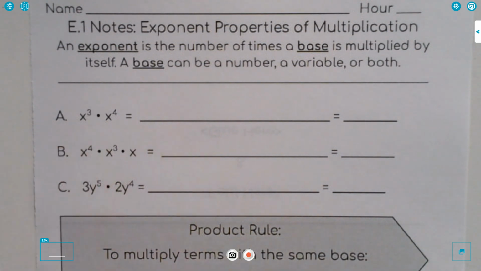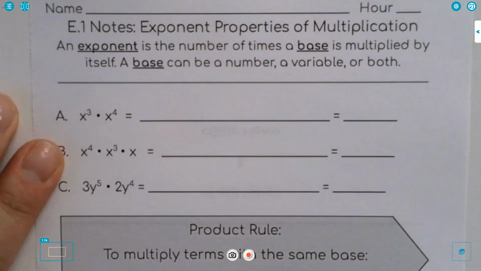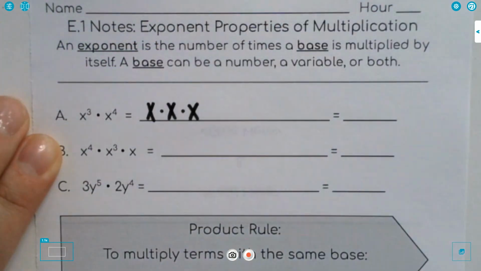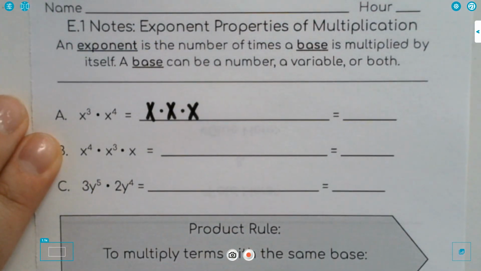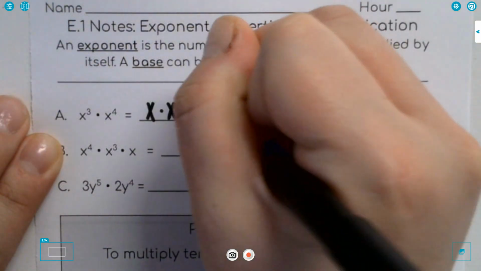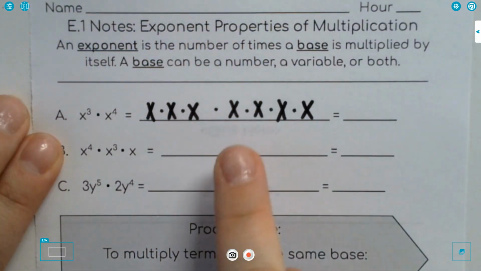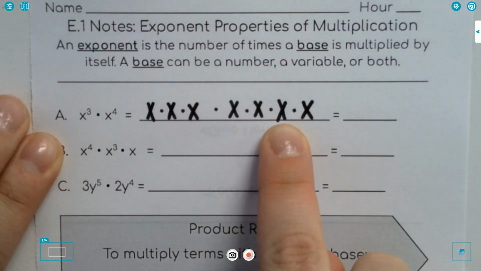So A here, we have x to the third times x to the fourth. You guys just told me that x to the third means x times x times x. You told me that x to the fourth means x times x times x times x. So I've got 3 x's, and I've got another 4 x's.